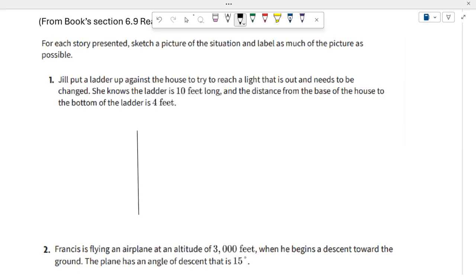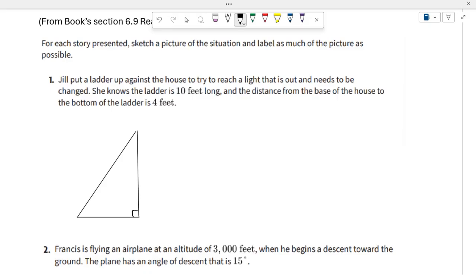And then we have a ladder that is leaning against the house. And then we have the ground. And we'll just finish that off. Okay. So this is my picture. And like I said, it's safe to assume that the house and the ground form a right angle.